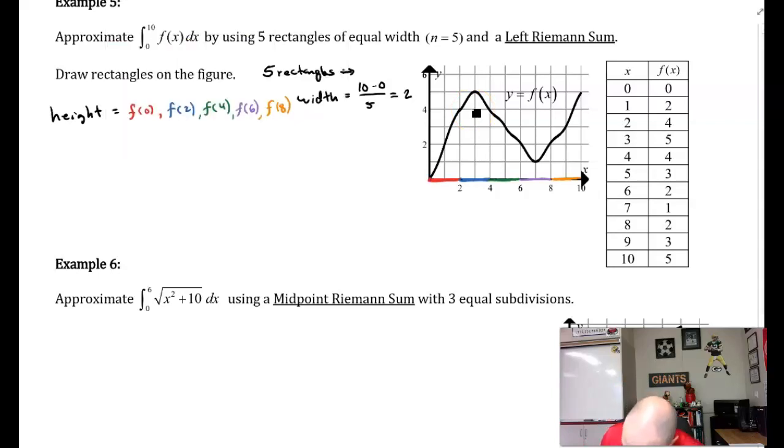So from 0 to 2, there's the height of my first one. The height at 2 is right here, so here's my second rectangle. The third rectangle is going to be at f of 4, which is also right about here.